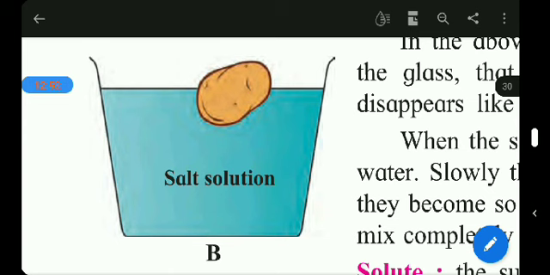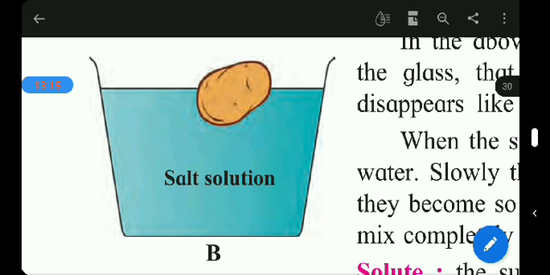The density of water in the glass is greater due to the dissolved salt, and the potato floats in the water because of the increase in its density. Got it? That means salty water has a higher density than normal water.